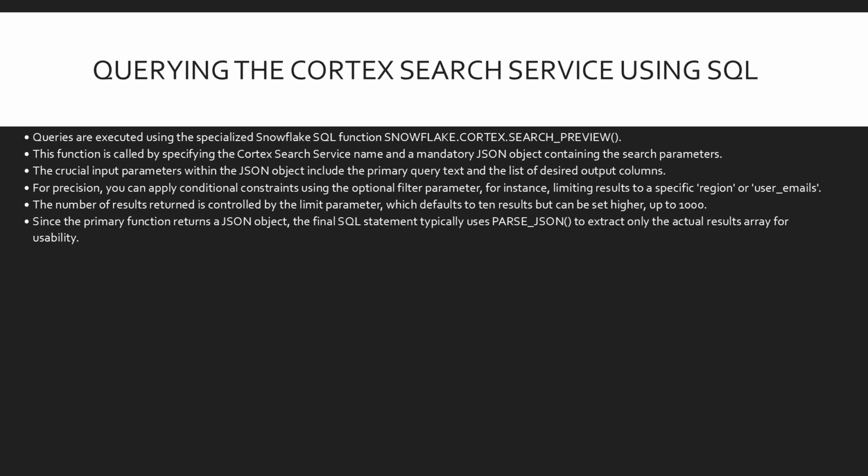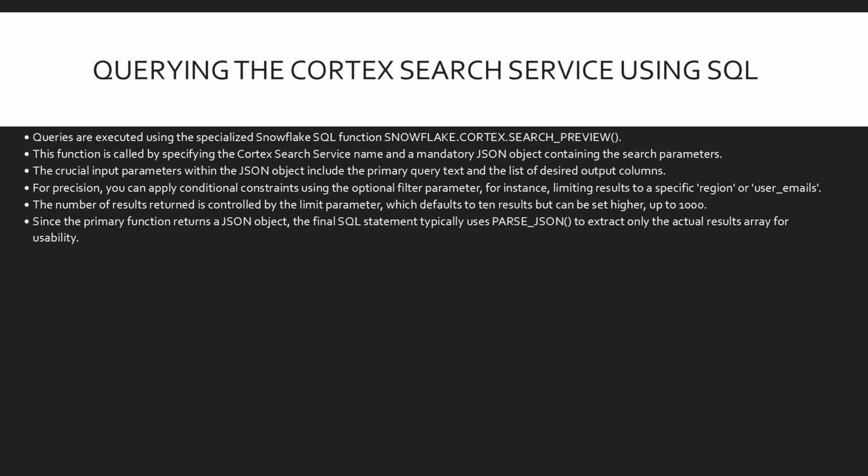To achieve highly targeted, narrowed down results, users can optionally include conditional constraints by utilizing the filter parameter, allowing for dynamic filtering such as restricting the search results exclusively to a particular geographical region or filtering based upon a defined list of user_emails.